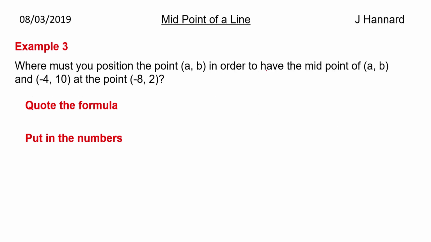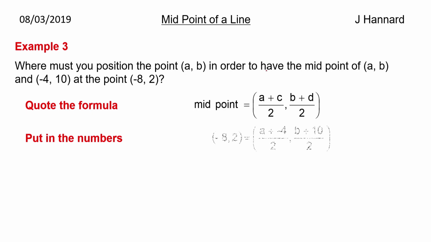And a final example then: where must you position the point (A, B) in order to have the midpoint of (A, B) and (minus 4, 10) at the point (minus 8, 2)? This time we have to quote the formula. We know what the midpoint is this time, and we've got A plus C over 2, B plus D over 2. They've told us in the question that the midpoint is (minus 8, 2).